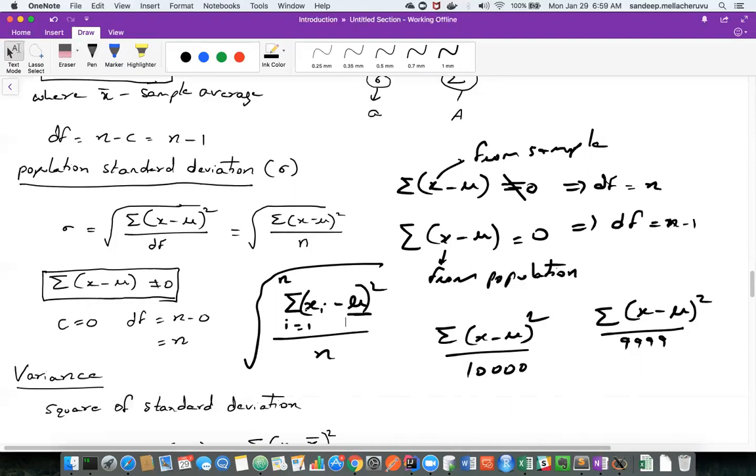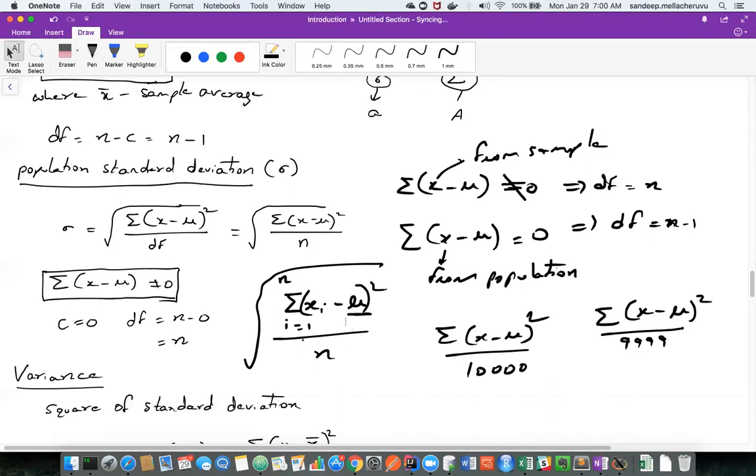Now for every data point, I'm trying to find the distance from the mean center. I am taking a sum of all the distances. What does it mean? How much deviation it is from each point. I am summing up all of them, then taking an average.